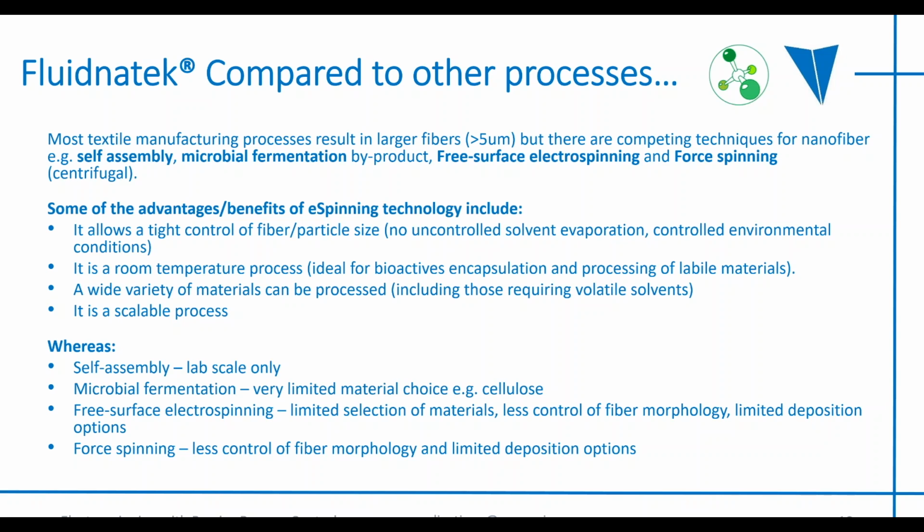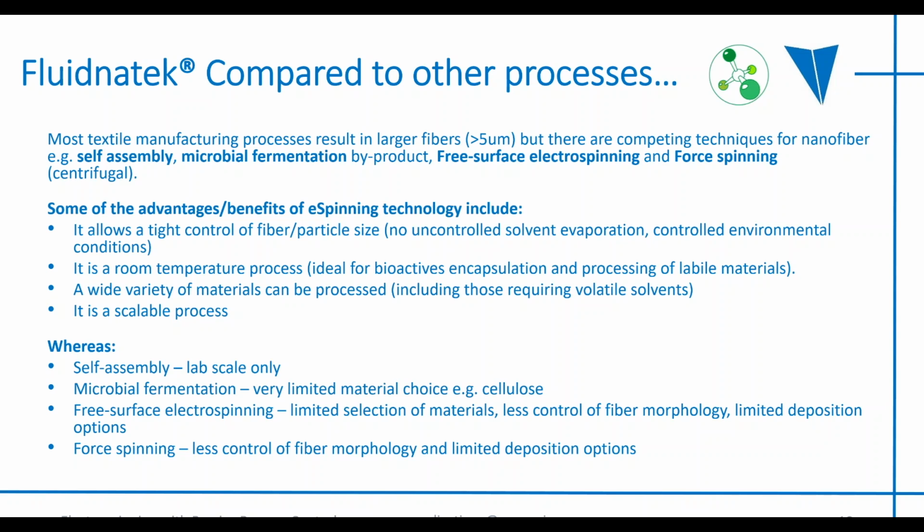Free surface electrospinning has great scalability, but a more limited selection in terms of materials. It's more limited for using volatile solvents because there's some uncontrolled solvent evaporation from the process, and it has more limited deposition options.